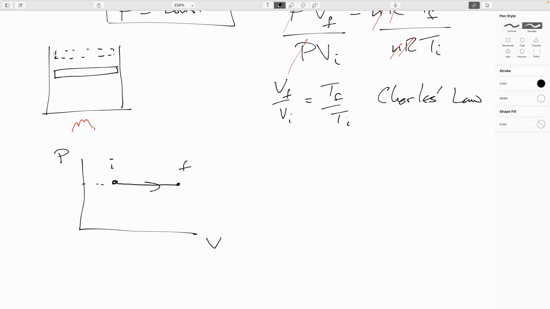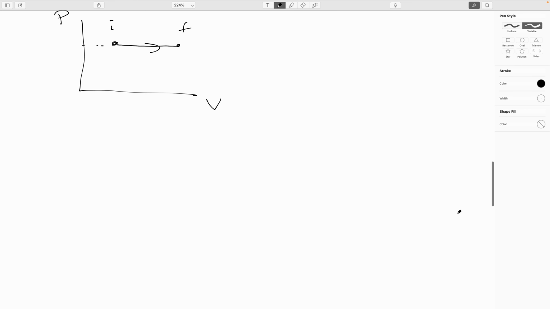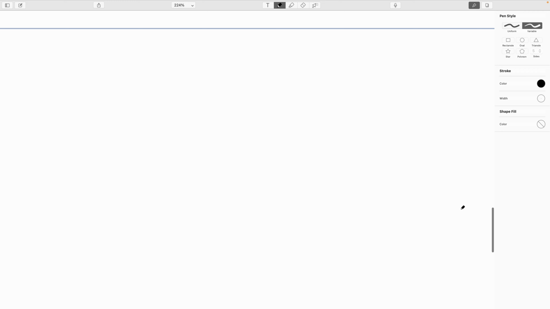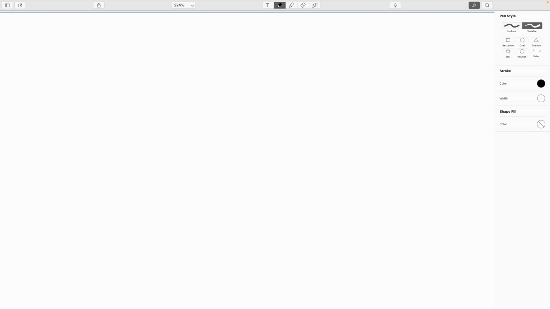All right. The last of these processes that I'm going to look at for now is an isothermal process. Iso, the same, thermal, the same temperature.